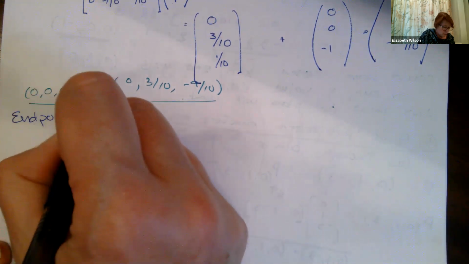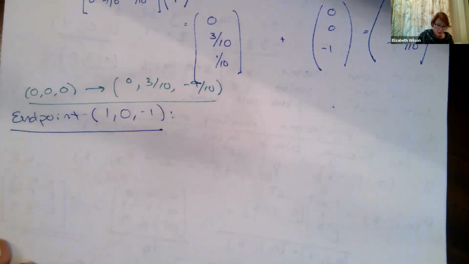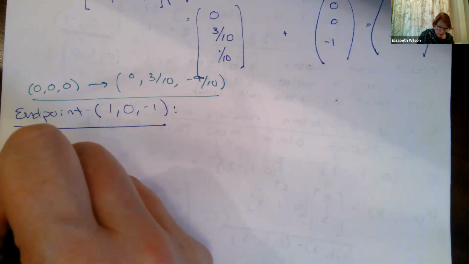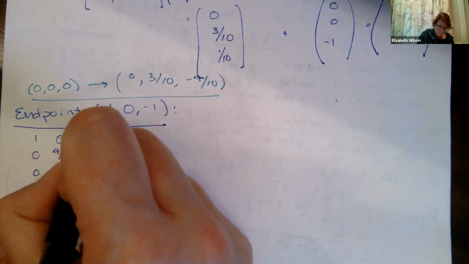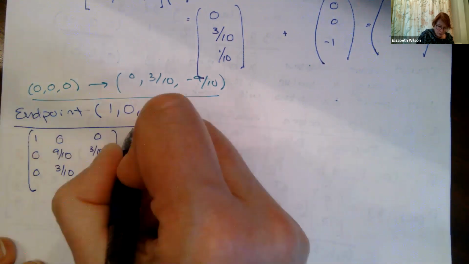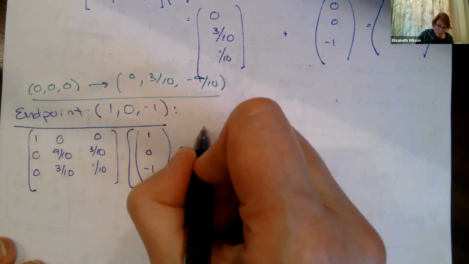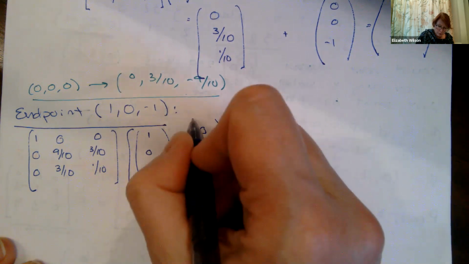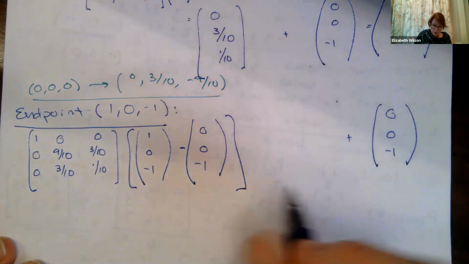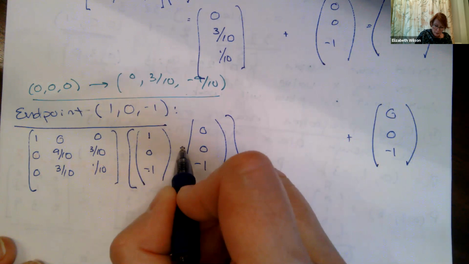Endpoint 1, 0, minus 1. You do the same thing. So we're going to set up our transformation matrix: 1, 0, 0, 0, 9 tenths, 3 tenths, 0, 3 tenths, 1 tenth. And now I have to take my 1, 0, minus 1, and I have to subtract, and then I have to add it back in. So this is going to be 1 minus 0, 0 minus 0, minus 1 minus a minus 1.